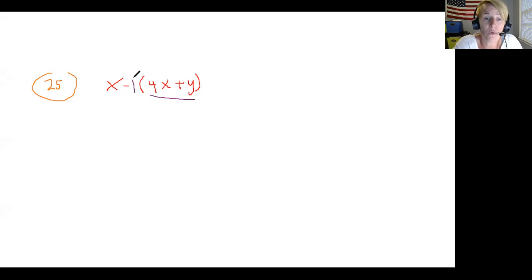Remember, I have an invisible 1 here. So I have a -1 that I'm dealing with. And I'm going to use the distributive property, this -1 to everything that's inside the parentheses. So if I'm feeling frisky, I could just go ahead and copy this x down, get it out of my way so I don't think that it's part of this step because it isn't. -1 times a positive 4x.